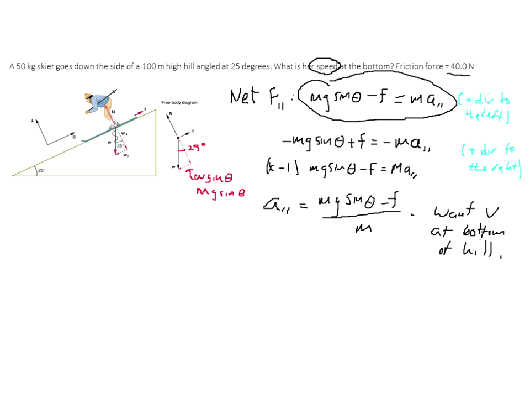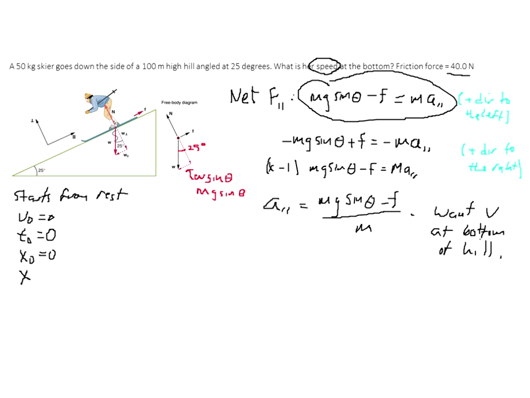So we'll just assume the skier starts from rest. So v0 equals 0. T0 equals 0. And x0 we'll say equals 0.